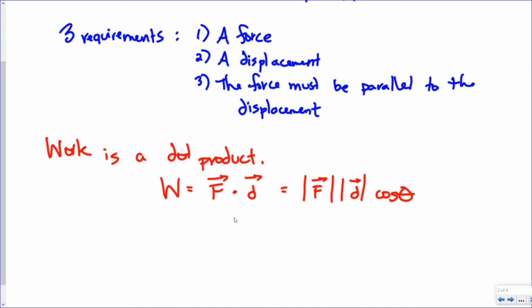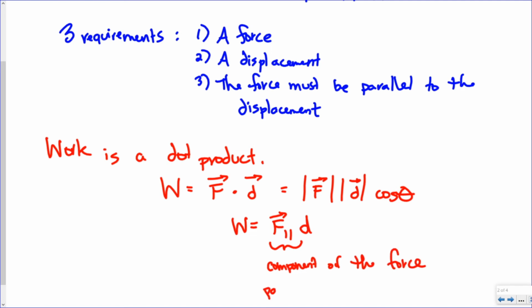And sometimes you'll also see this written as work equals force parallel to D. So this part here means the component of the force parallel to D. And notice the notation here. This is dot product. Here I didn't put a dot because that wouldn't make sense if these are already parallel to each other. It wouldn't be necessary.